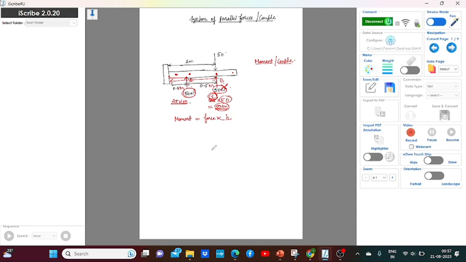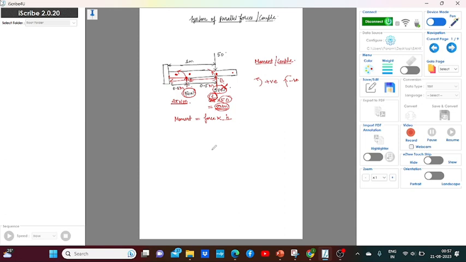Person A is applying force like this, so you can see the turning movement will be in anti-clockwise direction this way. Again, person B is applying the force, so the turning movement will be this way in anti-clockwise direction. In MD Dayal's book and in many books, the anti-clockwise movement is considered positive and the clockwise movement is considered negative.